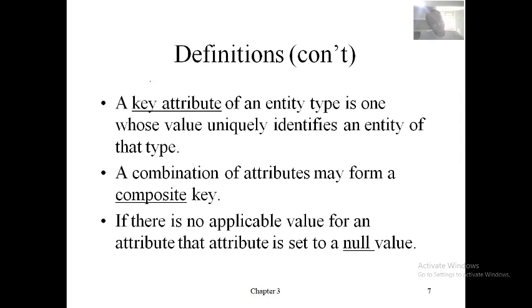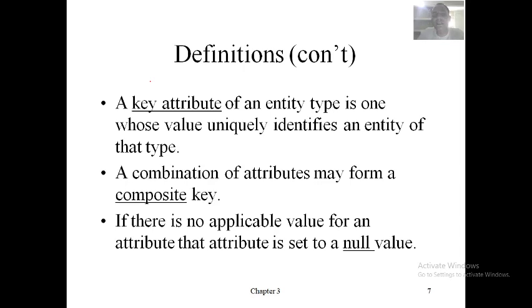Now, if there is no applicable value of an attribute, that attribute is set to a null value. Null value means, if a student database or employee database is there, every employee will have an ID.